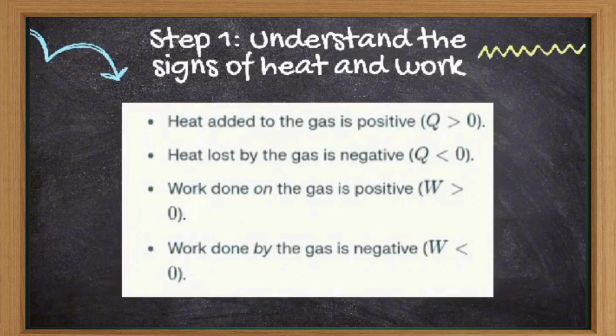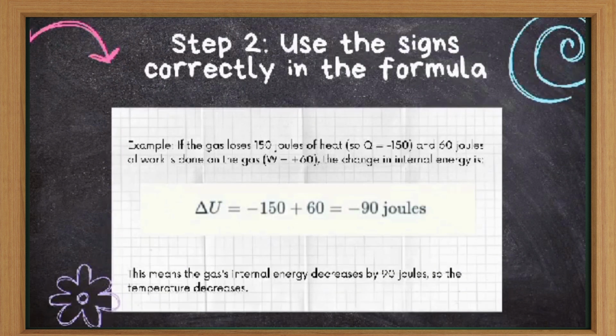Step 1. Understand the signs of heat and work. Heat added to the gas is positive. Heat lost by the gas is negative. Work done on the gas is positive. Work done by the gas is negative. Step 2. Use the signs correctly in the formula.